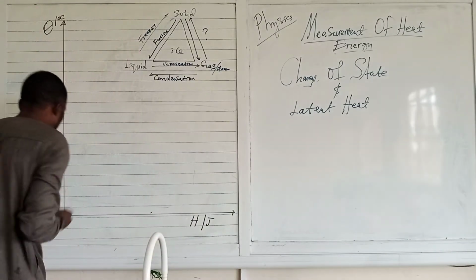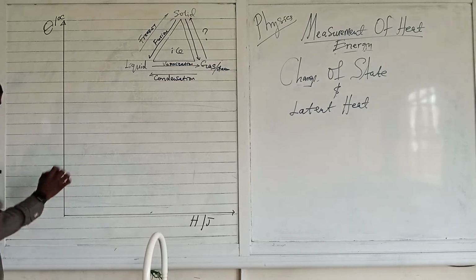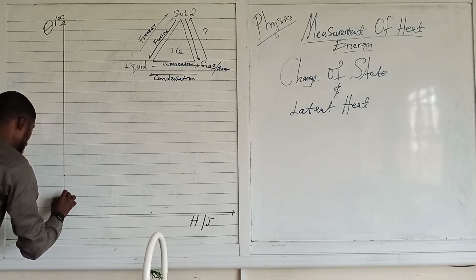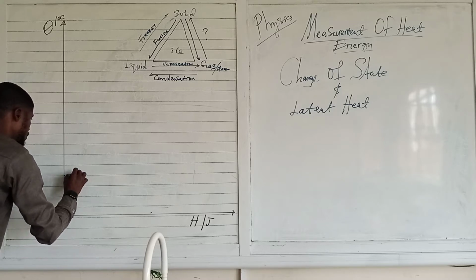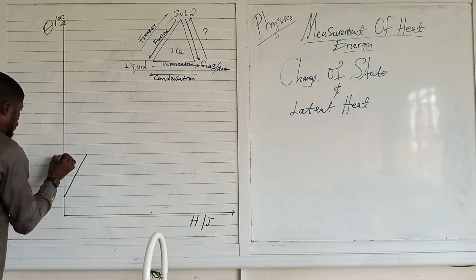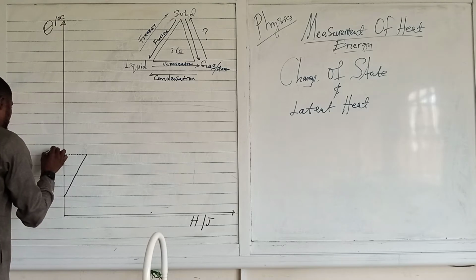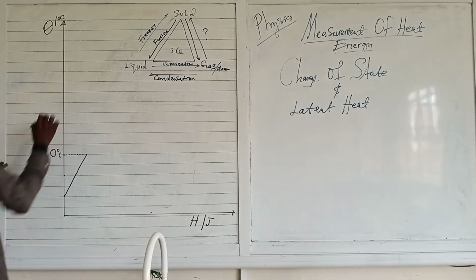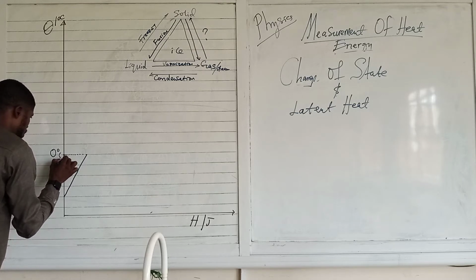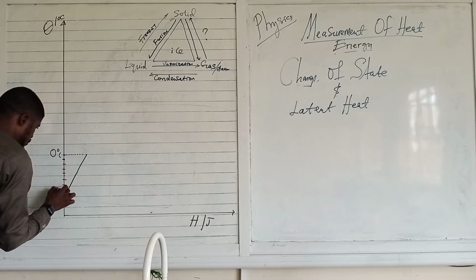Now, if I decide to draw something like this, please stay with me. From this point to this point. So I call this my 0 degrees Celsius. And down here is my minus, before I put in the values.